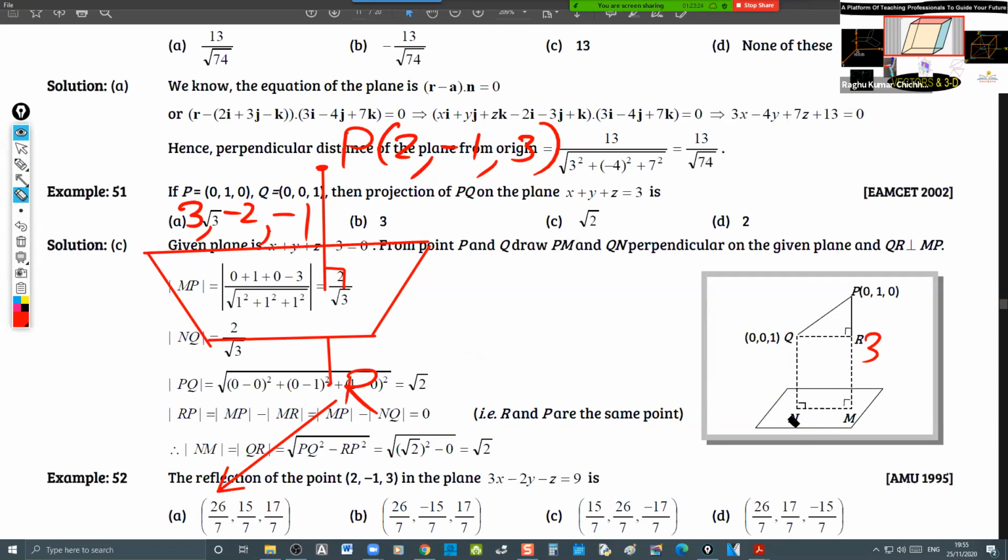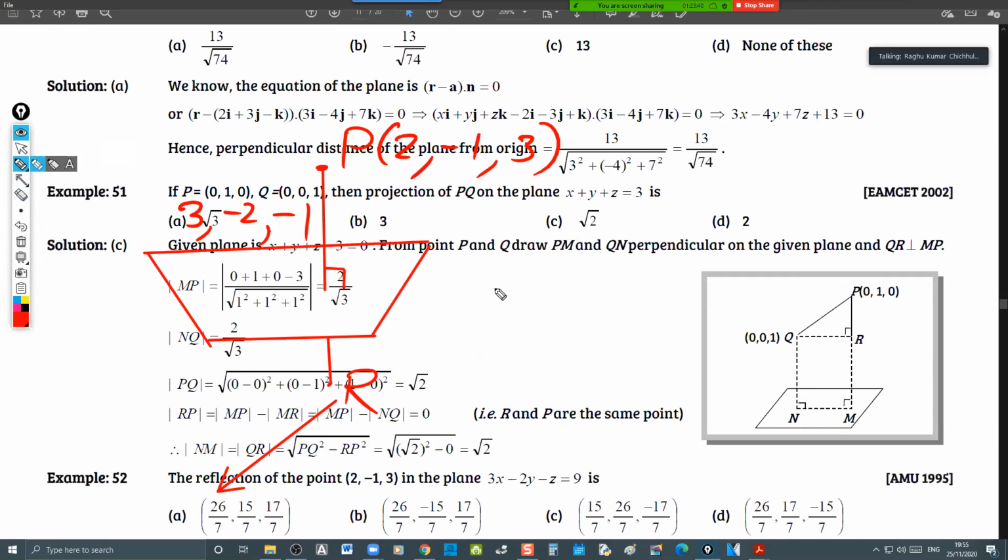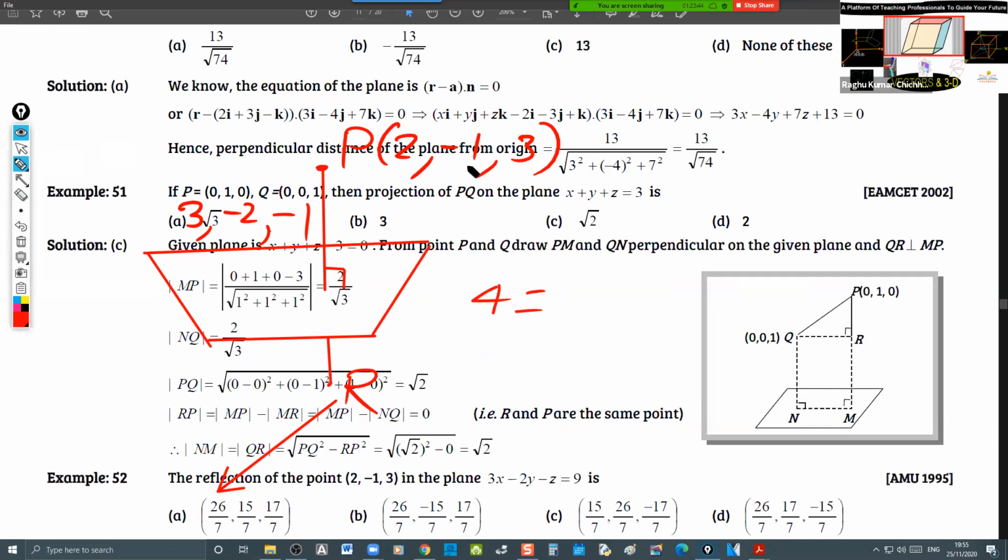Praneeth or Kaushik, can you tell me how to check this? 26 by 7 minus 2 by 3. Just now we got it to be 26 minus 14, that is 12 by 3, 4. Let us check for this. Minus 15 by 7 plus 1.